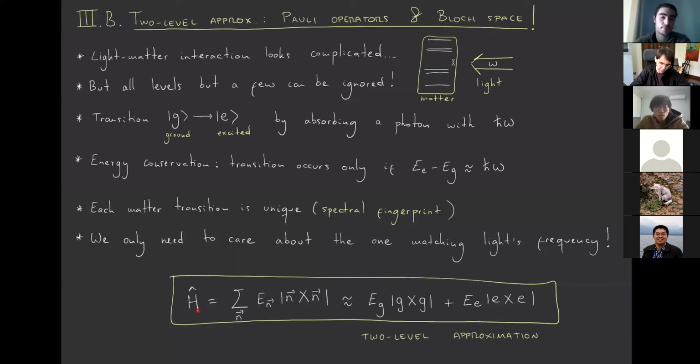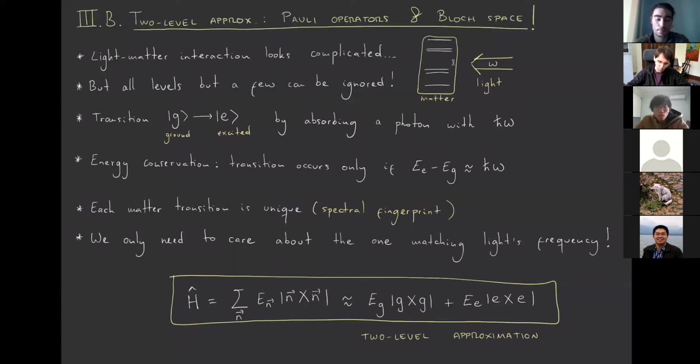And therefore, the Hamiltonian of the atom, which in general has a spectrum that looks as complicated as this, at the end of the day is simplified to just the projector of the ground state and the projector of the excited state times the energy.